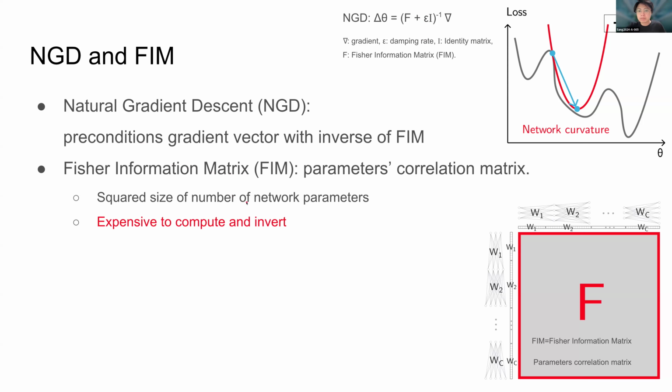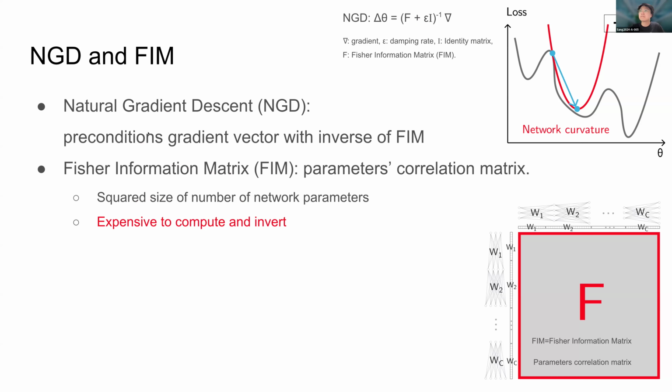It contains the correlations among the parameters of the network, and obtaining all of the elements and inverting the full FIM is very expensive and infeasible for practical networks.